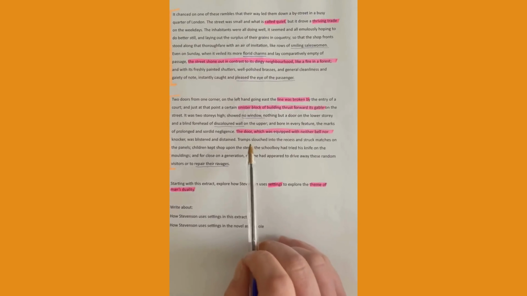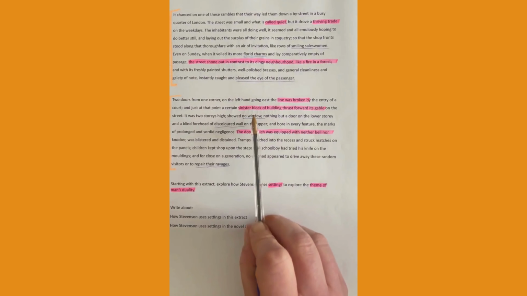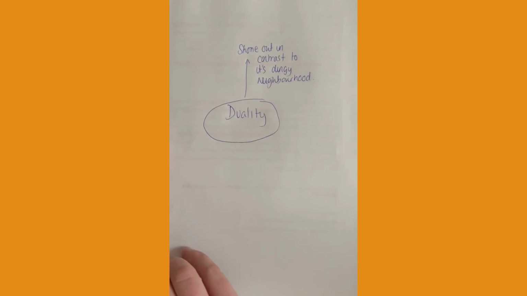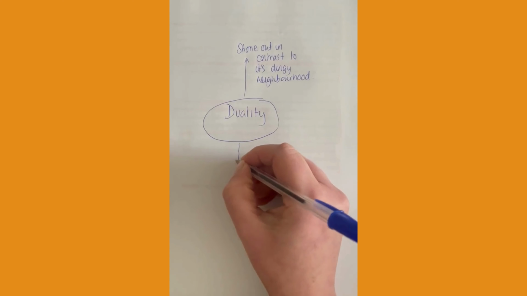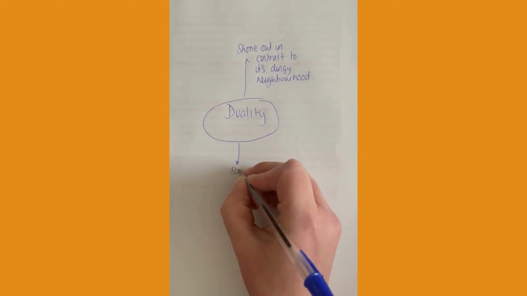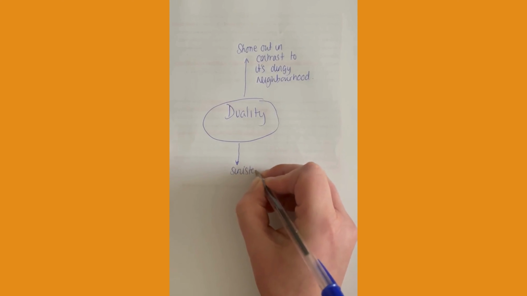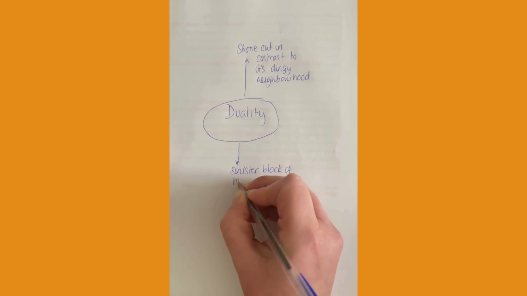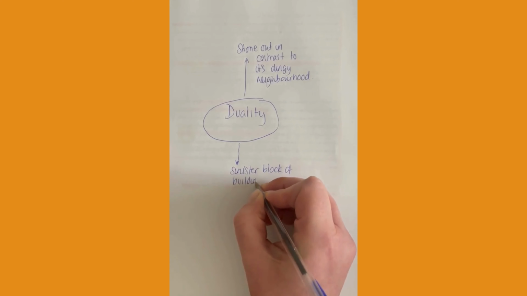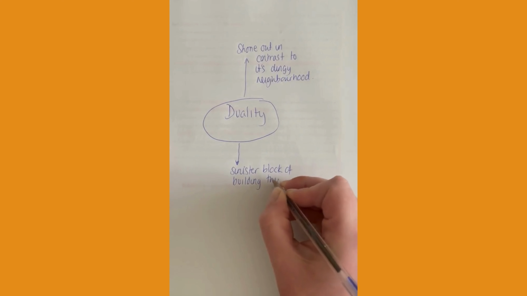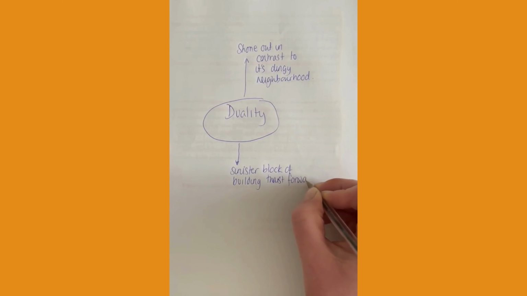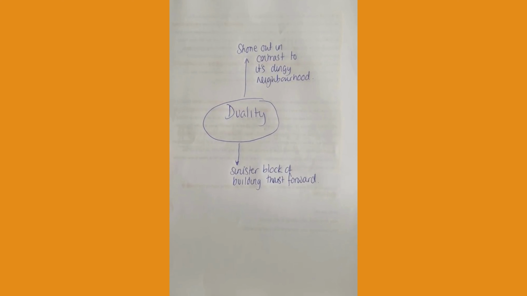If we then also look at the sinister block of building thrust forward, so you have again this idea of something negative pushing through the positive.